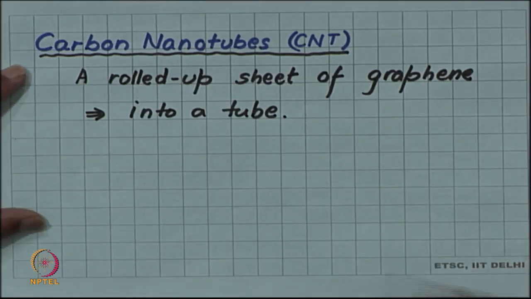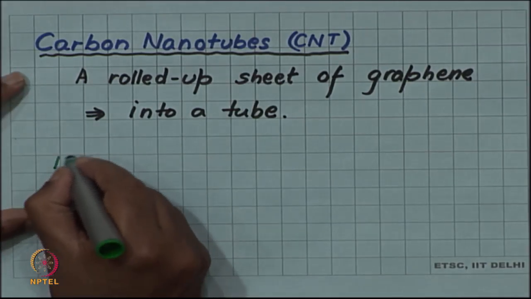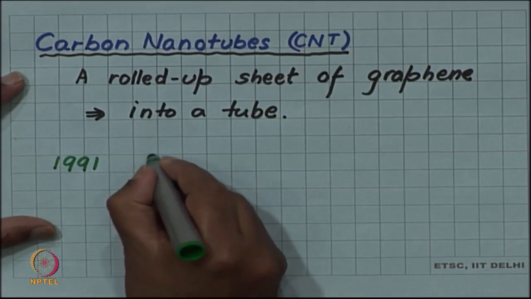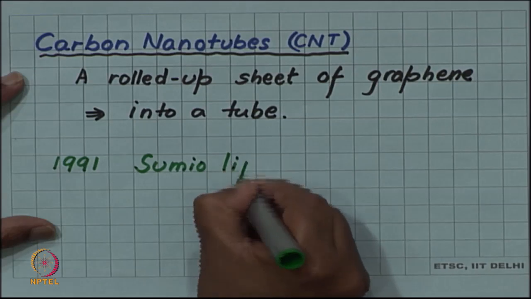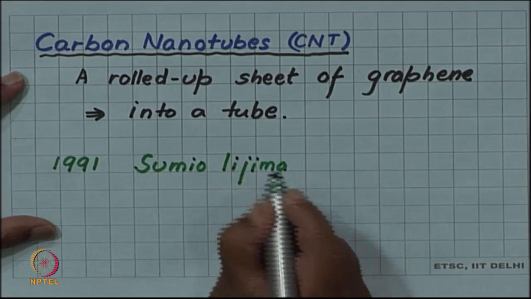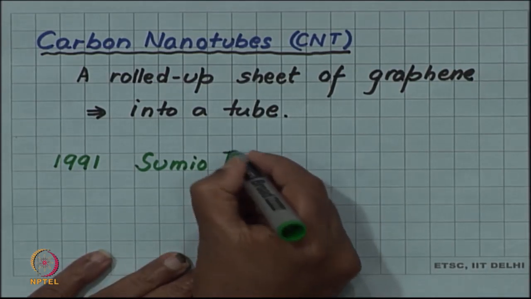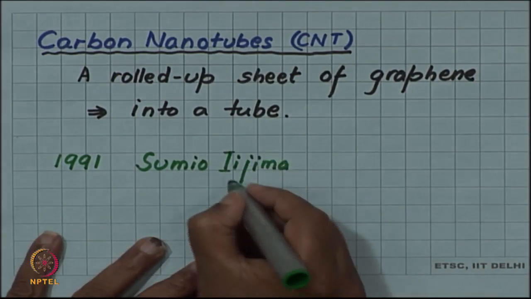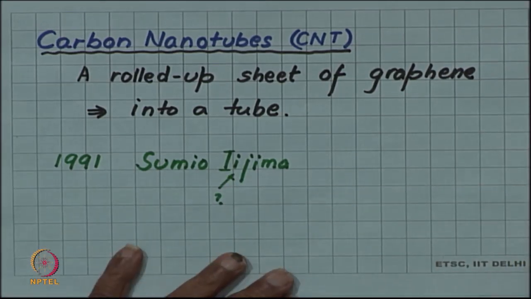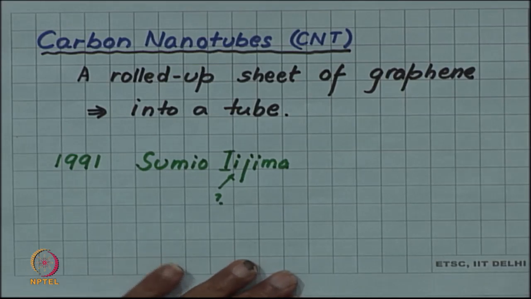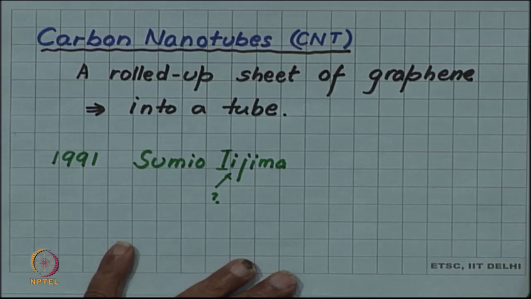This structure was discovered in 1991 by a Japanese electron microscopist, Sumio Iijima. There is a lot of discussion in the literature whether this was the real first observation of nanotubes, or whether some people had seen it before that.